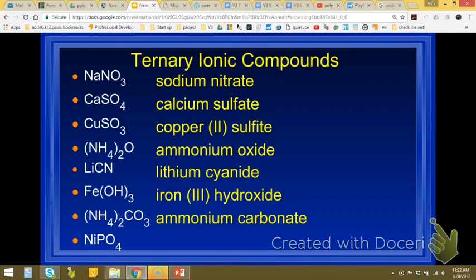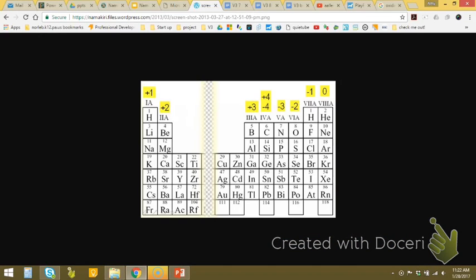And our final ternary ionic compound is NiPO4. Ni is nickel. If we find nickel in our oxidation chart, it looks like nickel is going to fall into our transition metal area. So that means we are going to need a Roman numeral.